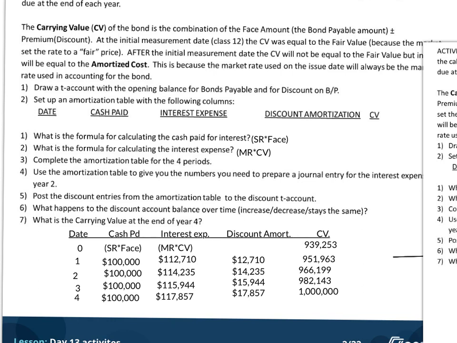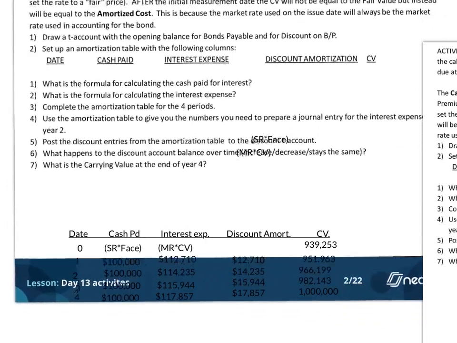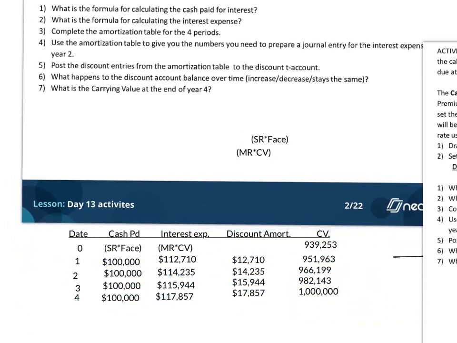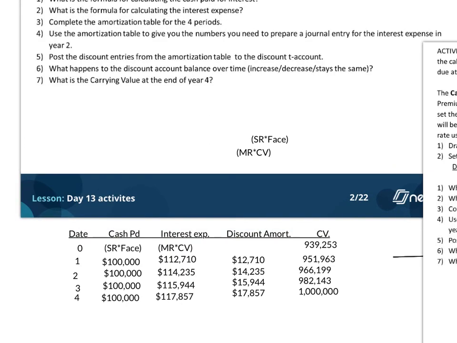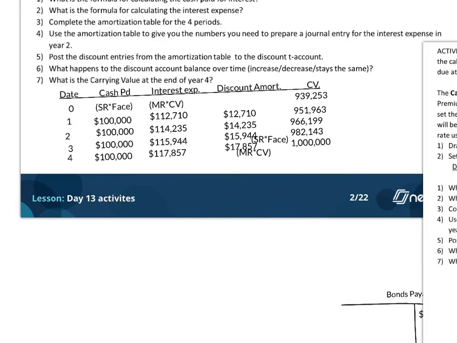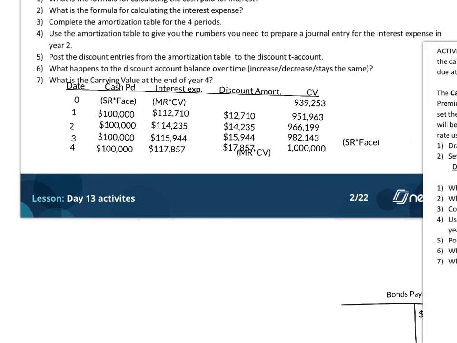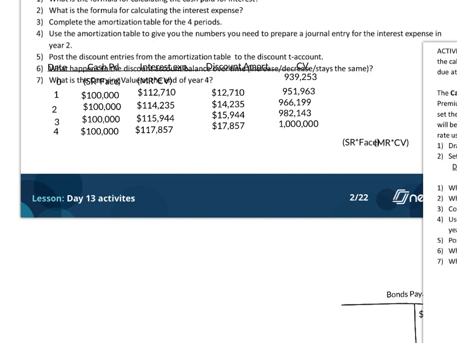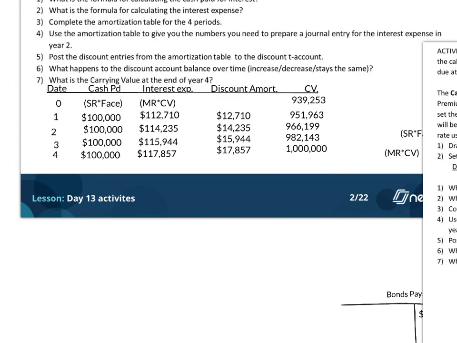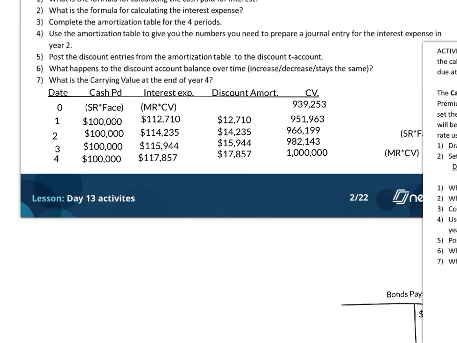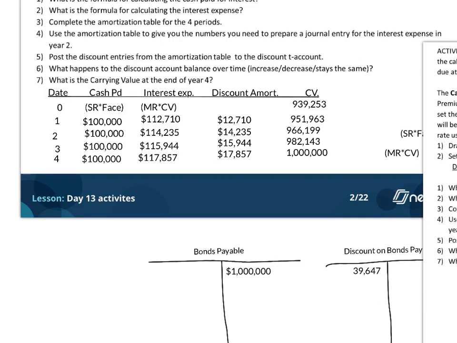So I'm going to move some of this stuff up out of the way so we can do that. Here's my amortization table, and here's my T accounts.